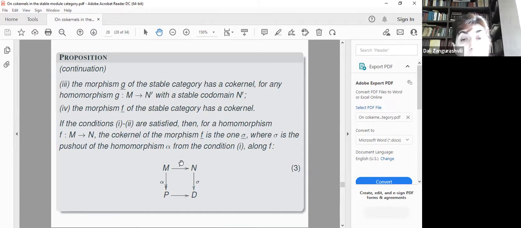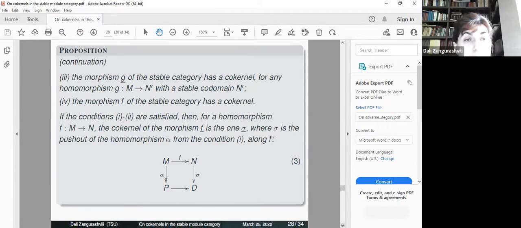We consider the push out of F along that universal arrow alpha, and the morphism induced by sigma is a cokernel. This is one construction of the cokernel, but at the end of this talk, I will give a more simple construction.